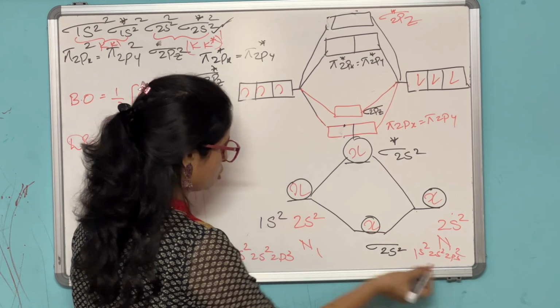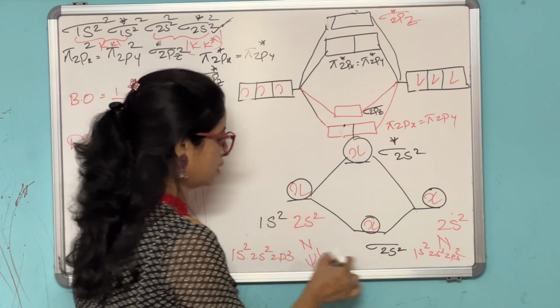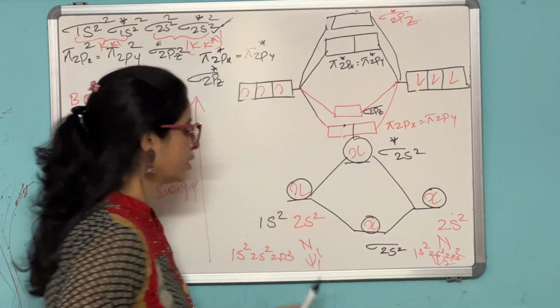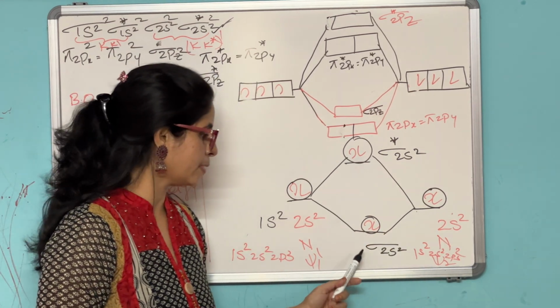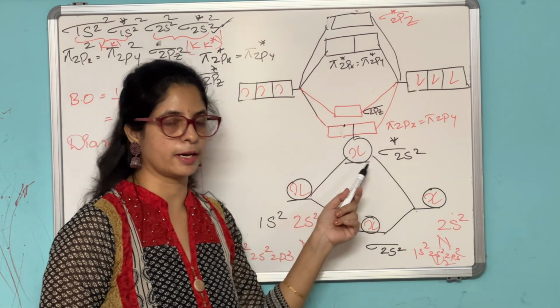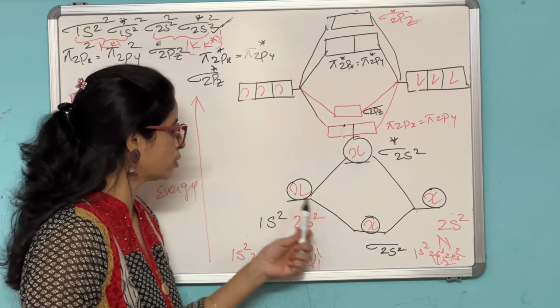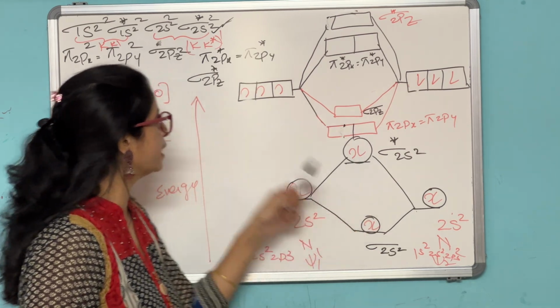So for 2s2, 2 electrons of one nitrogen and the other, if they are added up, we get a bonding molecular orbital and an anti-bonding molecular orbital. One with less energy, the same concept, and 2 electrons are filled.